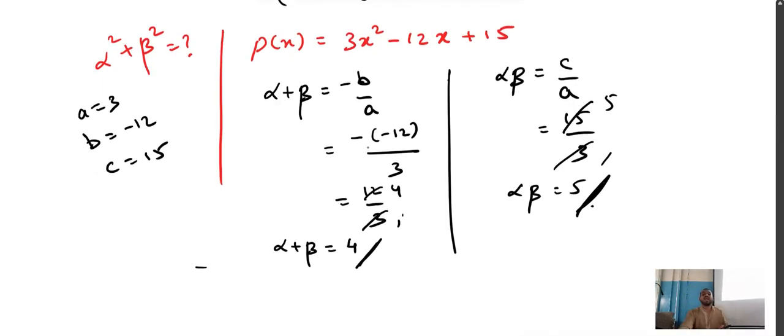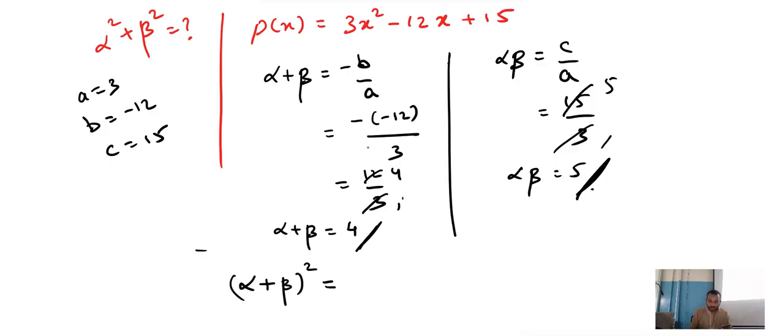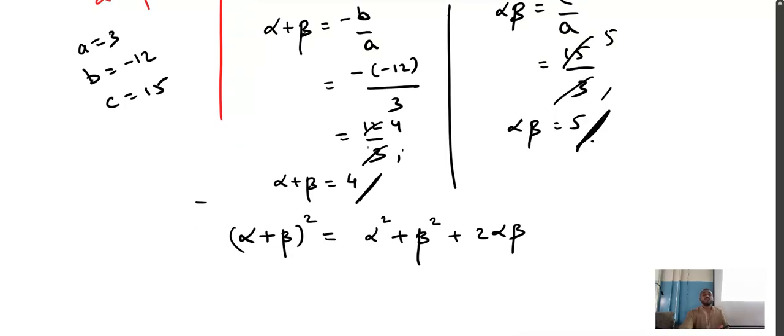We have one identity. We know that A plus B whole square, A means alpha, B means beta, A plus B whole square can be written as A square plus B square plus 2A into B. Followed? Here what is there? Alpha plus beta.